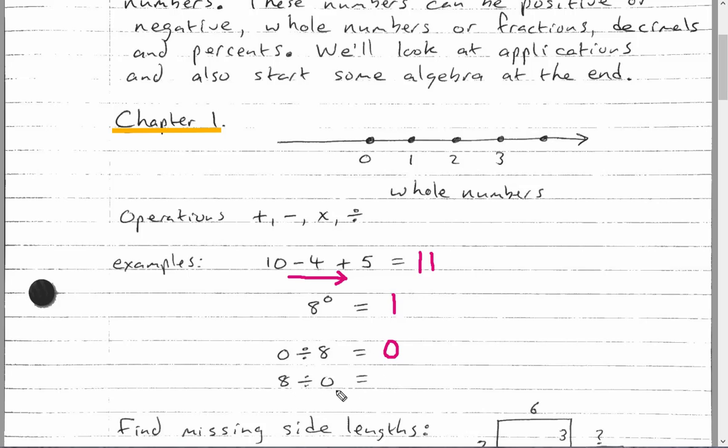This bottom one, we're asking a different question. How many times does 0 fit into 8? Well, it can keep fitting infinitely many times. So the answer here is really undefined. Really, you can't divide by 0. That's the only number you can't divide by.